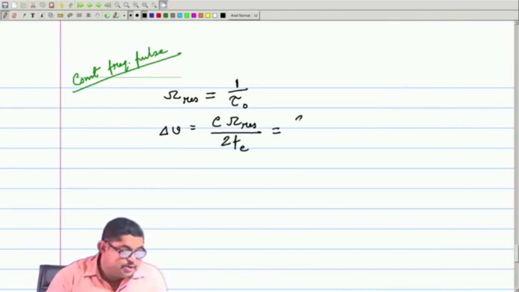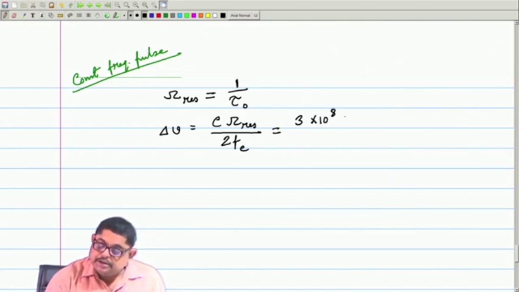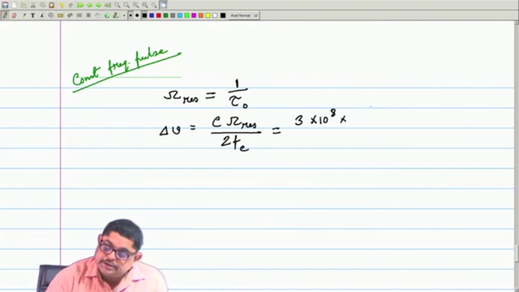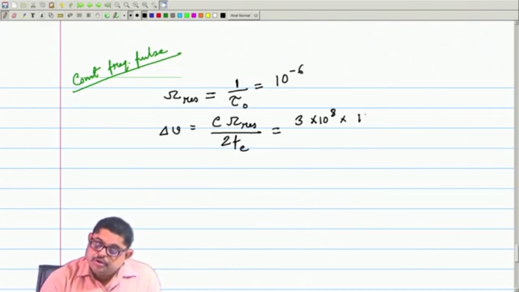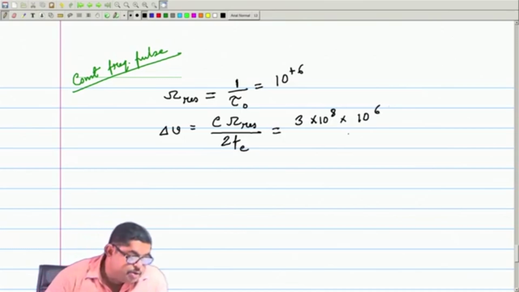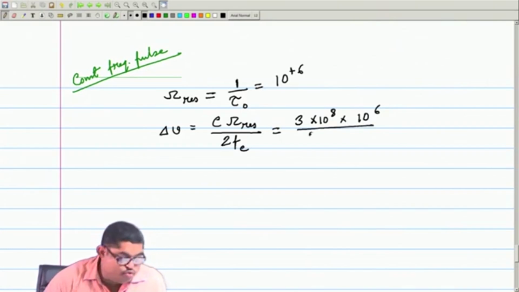So, that is 3 into 10 to the power 8, and this thing is 1 by tau naught. In that example we have taken tau naught as 1 microsecond, that means 10 to the power minus 6, so 10 to the power plus 6, by 2 into f c, which is 3 gigahertz, 10 to the power 9.